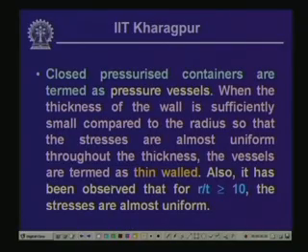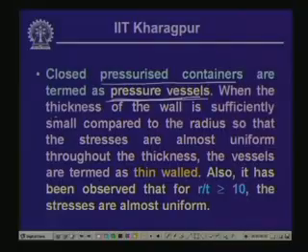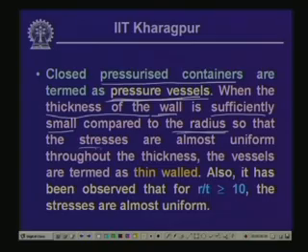The thin walled pressure vessels may be defined in this form: pressure vessels are closed pressurized containers, and when they are subjected to internal pressure, they are subjected to stresses. Now, we qualify these pressure vessels as thin walled when the thickness of the wall is sufficiently small compared to the radius of the container, so that the stresses are almost uniform throughout the thickness.